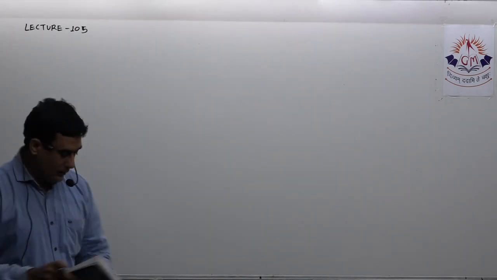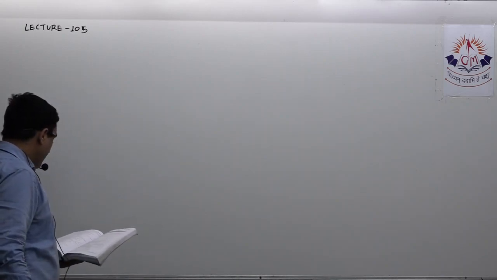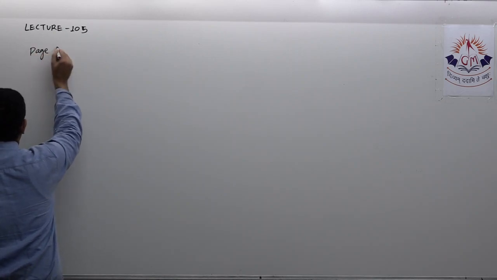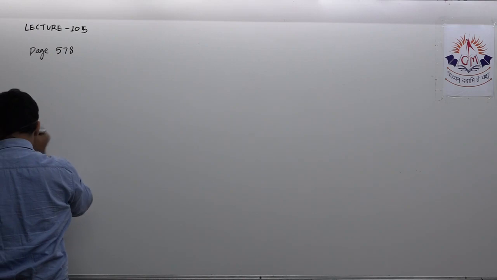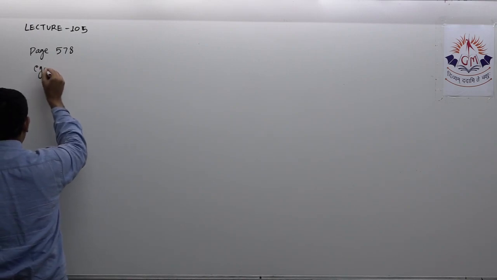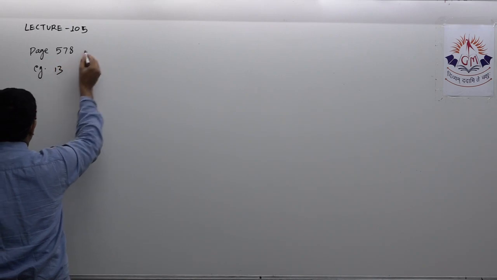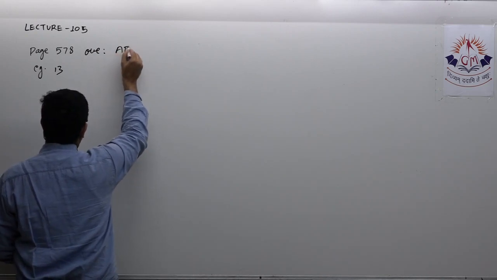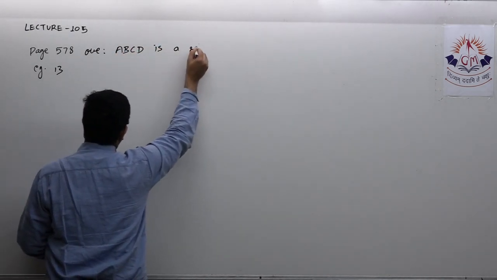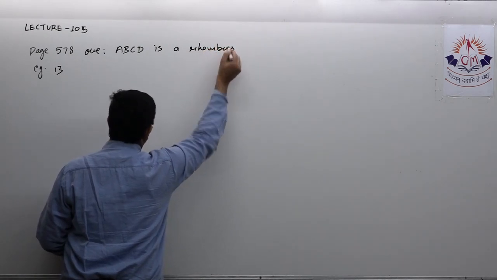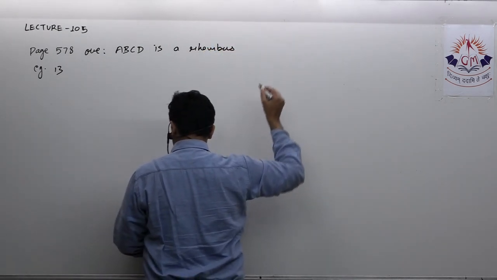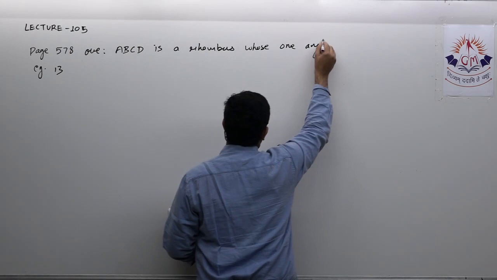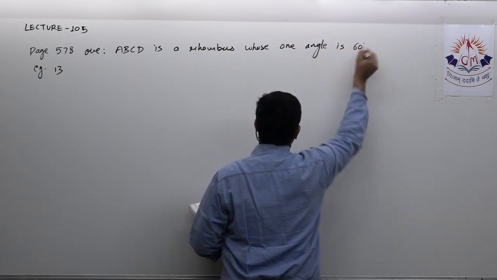So here is the first question that I'm taking from page number 578, example number 13. The question is: ABCD is a rhombus whose one angle is 60 degrees.